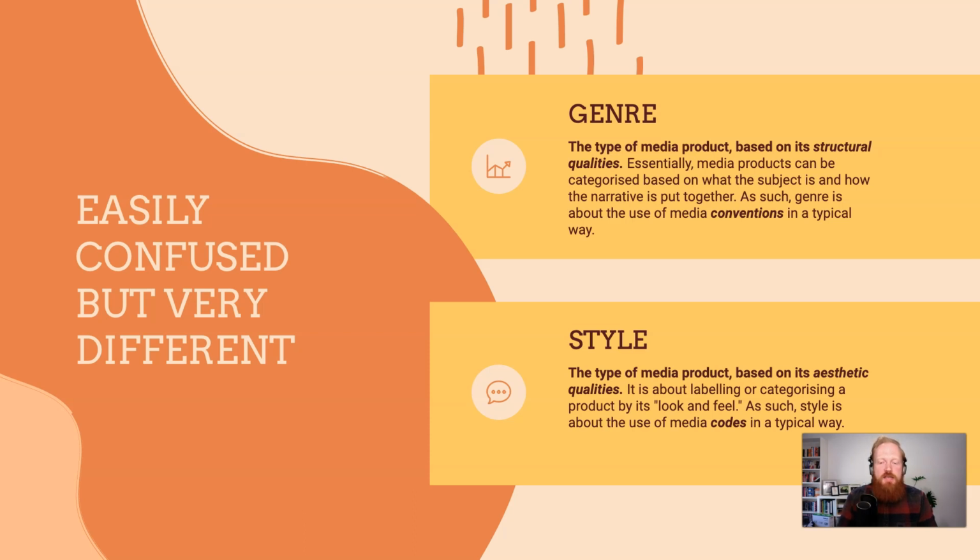Whereas style is the type of media product based on its aesthetic qualities. It's the look and feel of it. And because of this, we can label different styles based on the typical use of codes rather than conventions.